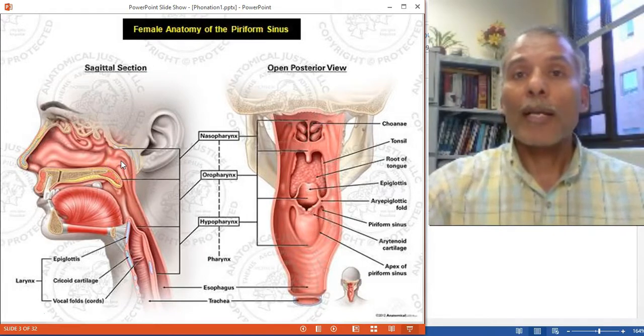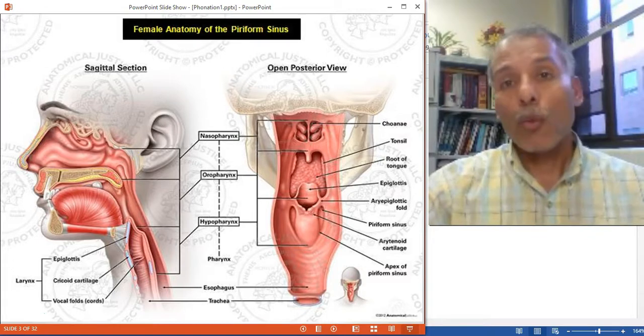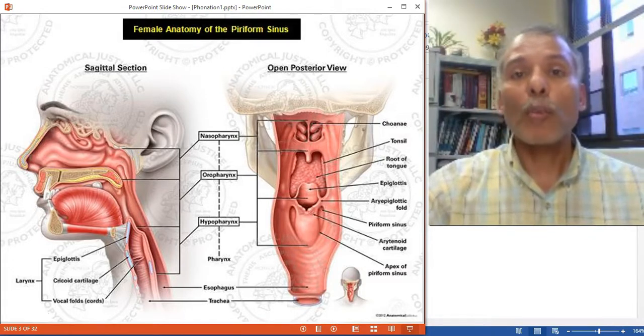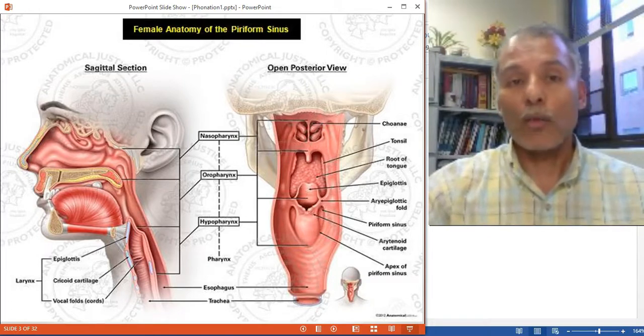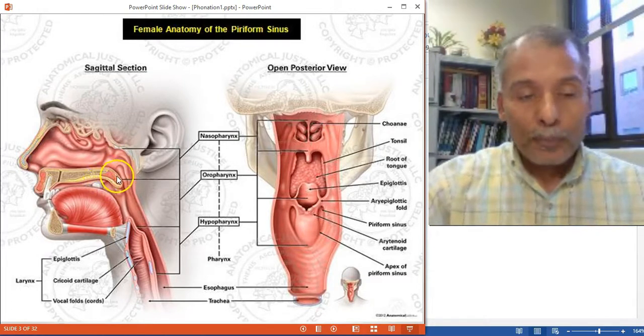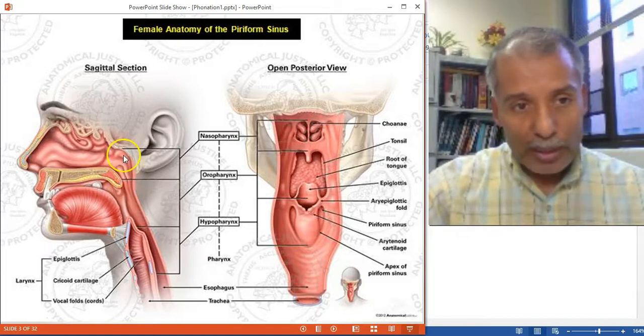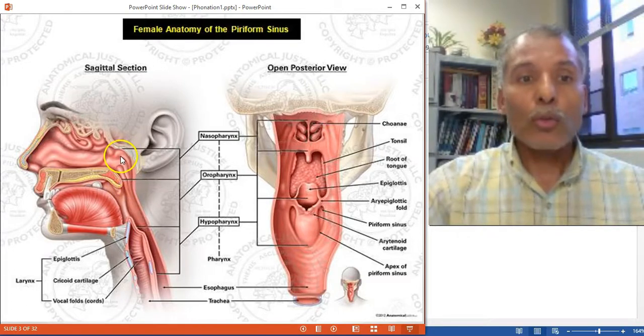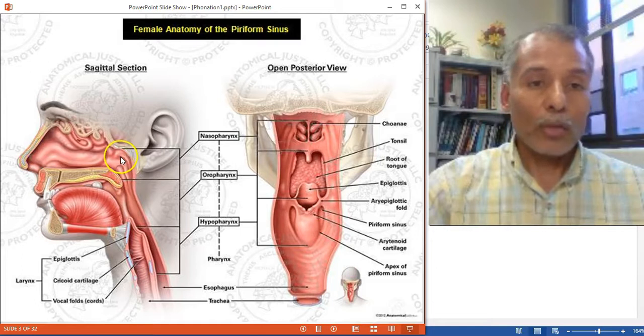Usually when you combine the word nasal with other things, or a word that has an L, you just take it out and put an O in front instead of the L. So the eustachian tube opens onto the two sides of the nasopharynx.